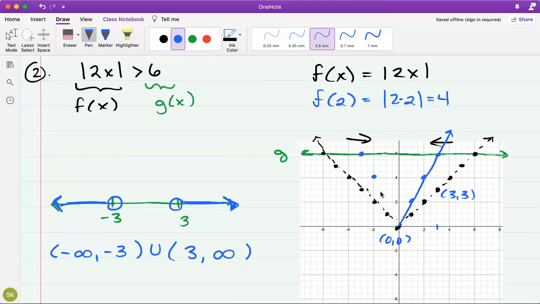So you're going to have the same y values, and the x values are going to be multiplied by negative. Okay, now we have our graph.